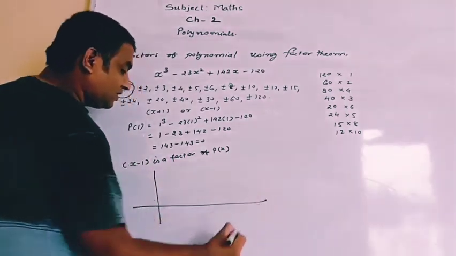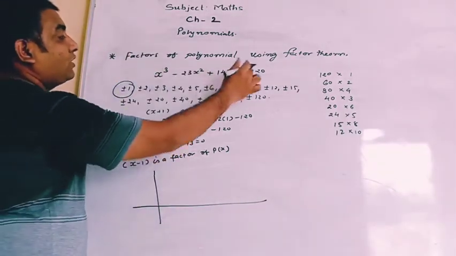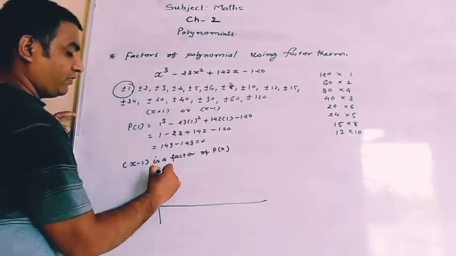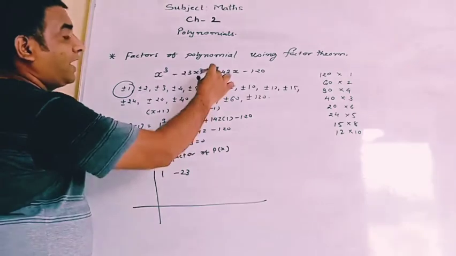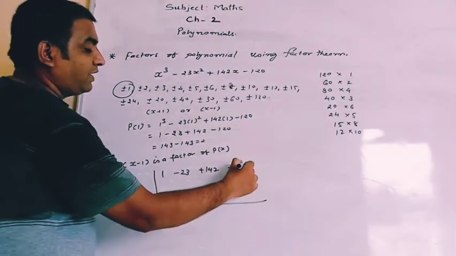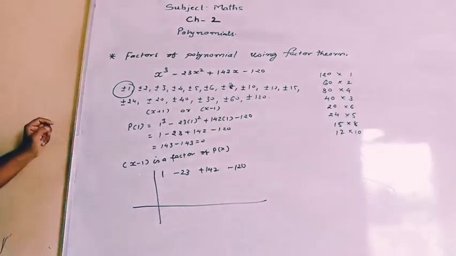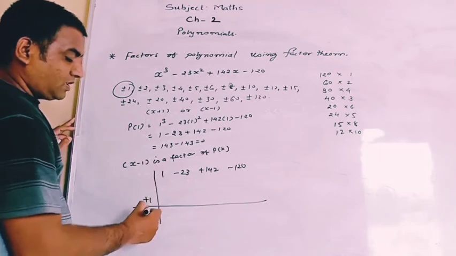Here x minus 1 is a factor, then for the other factor, write all the coefficients. So x cubed coefficient 1, x squared coefficient minus 23, x coefficient plus 142, and constant term minus 120. So here x minus 1 is the factor, so here we will take plus 1.